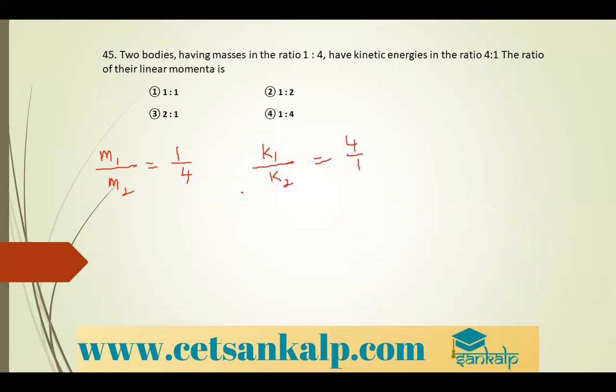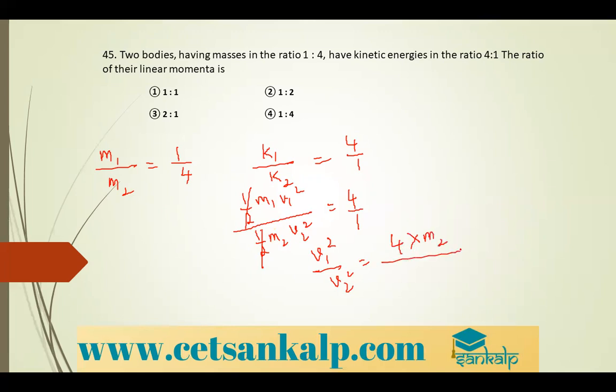So k1 is half m1 v1 square divided by half m2 v2 square is equal to 4/1. Half and half get cancelled. So v1 square divided by v2 square is equal to 4 into m2 divided by 1 into m1.